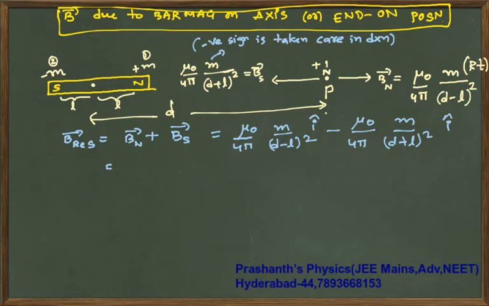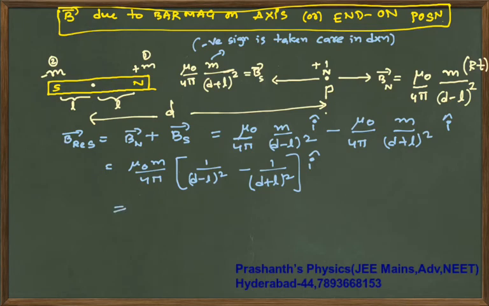This is towards left, that is why I am keeping the minus sign. So take this mu naught m by 4 pi out. You are going to get 1 by (d minus l) whole square minus 1 by (d plus l) whole square into i cap. So 1 by a minus 1 by b is b minus a by ab.